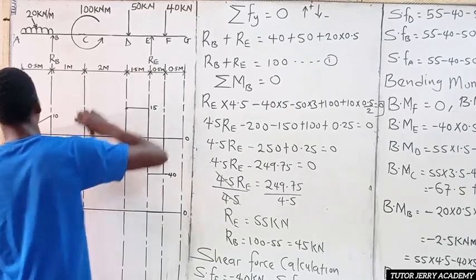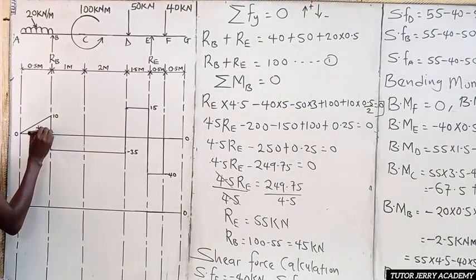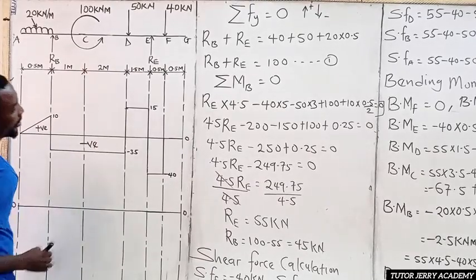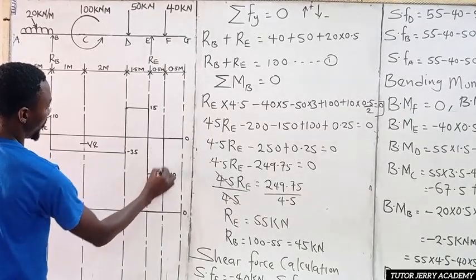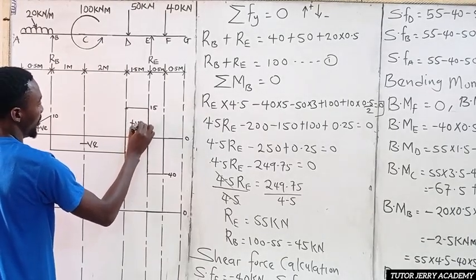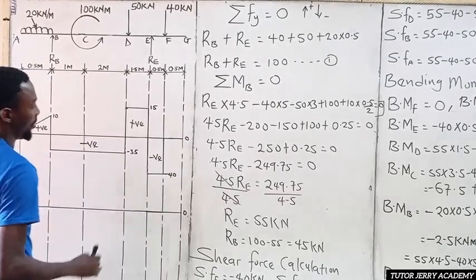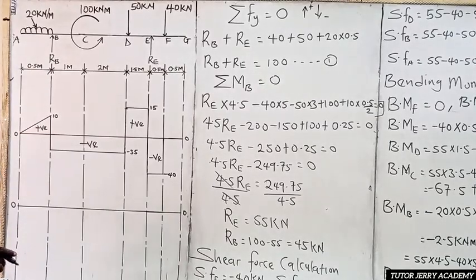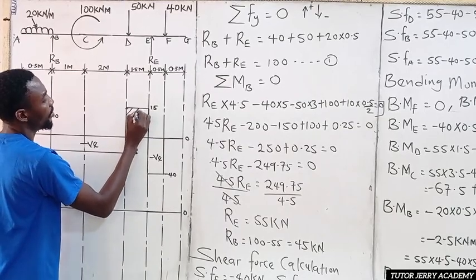All right. So here is positive. Here is negative. And here is positive as well. We go in this direction. And then here is negative. Let's just shade this to avoid confusion.